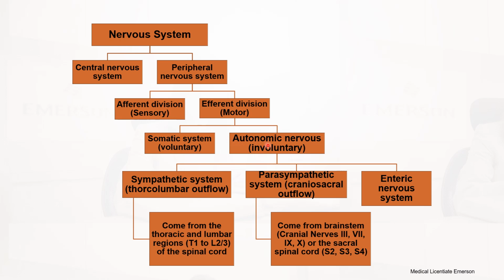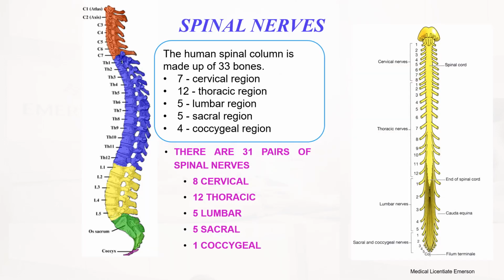But of course, under the autonomic nervous system, again we are going to concentrate more on the sympathetic system and the parasympathetic system. So the sympathetic system is also known as the thoracolumbar outflow, whilst the parasympathetic is the craniosacral outflow.